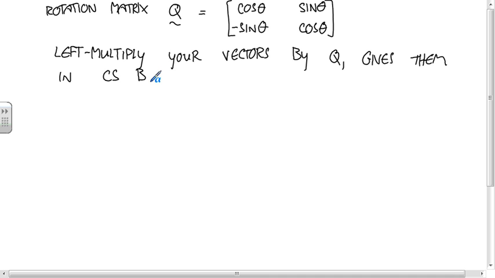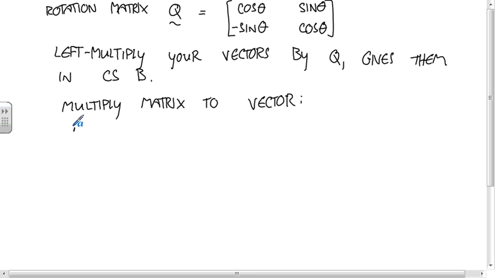Question? Okay, so to multiply matrices to vectors, the left versus right just means the matrix has to be on the left of the vector instead of on the right.